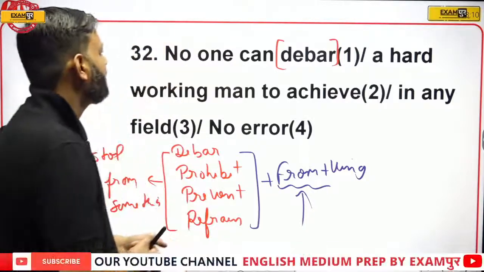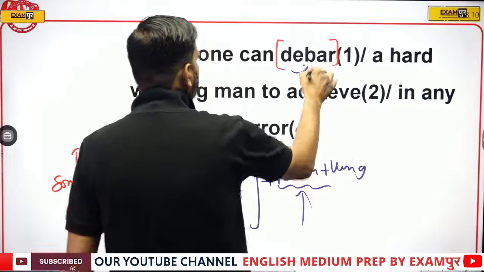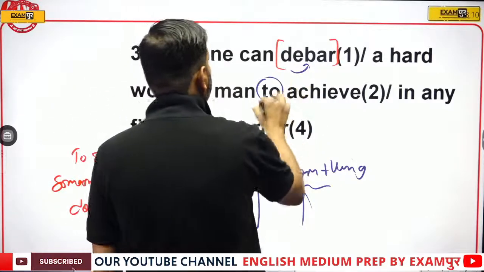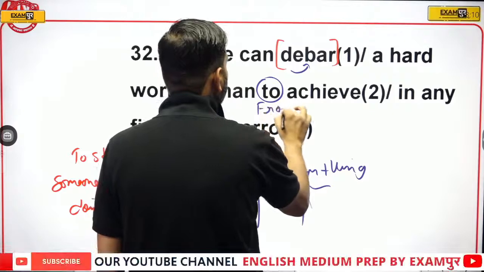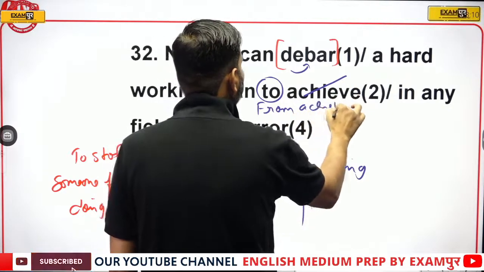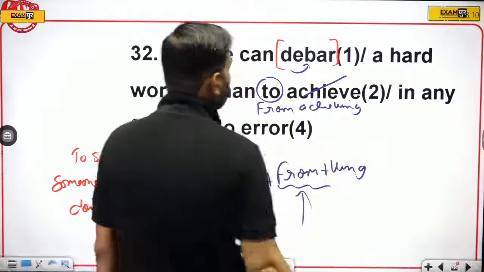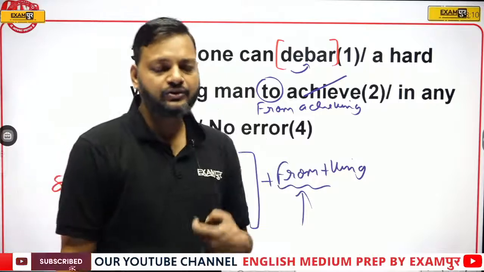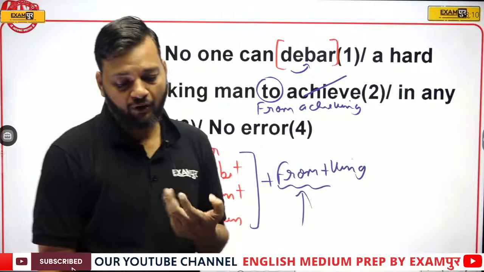So here we have the word debar. Okay, now after debarred we need from. So here in place of to we need from, and after from we need ing form of verb. So it will become achieving. In place of achieve it becomes achieving. To achieve will be changed into from achieving.